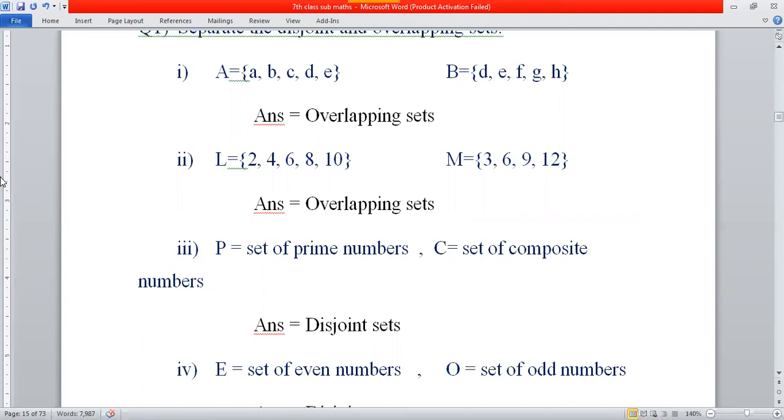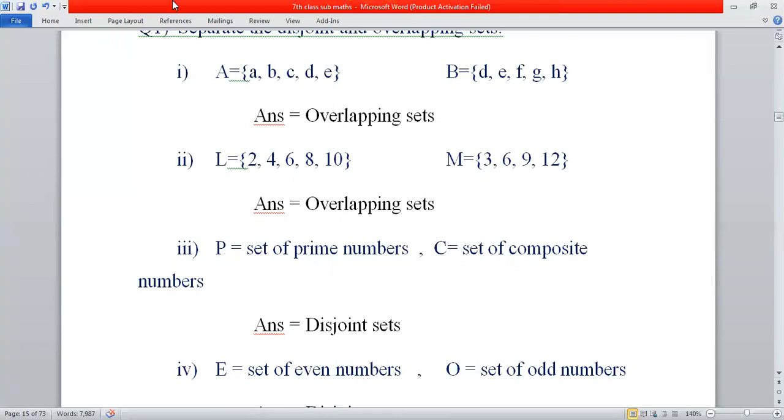The set of odd numbers are not divisible by 2: 1, 3, 5, 7, 9, 11, and so on. If you check, there is nothing common between both sets, so the sets of even and odd numbers are disjoint sets.